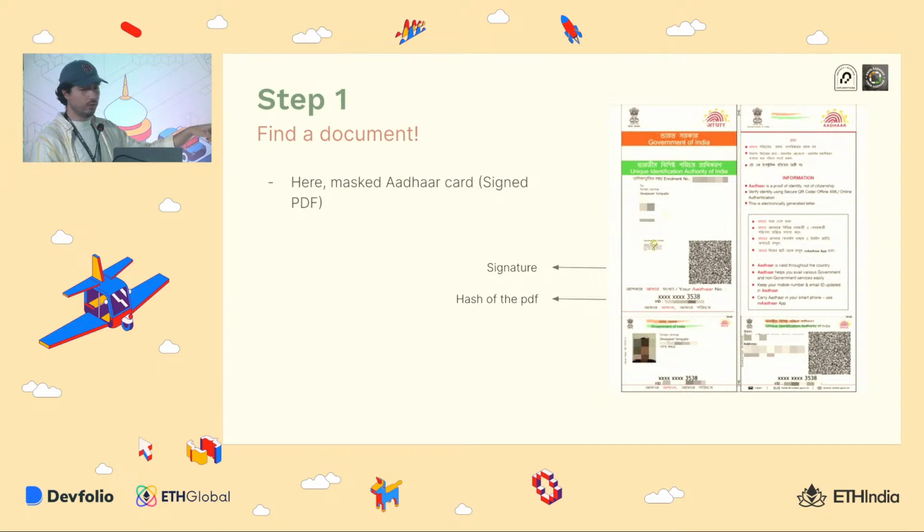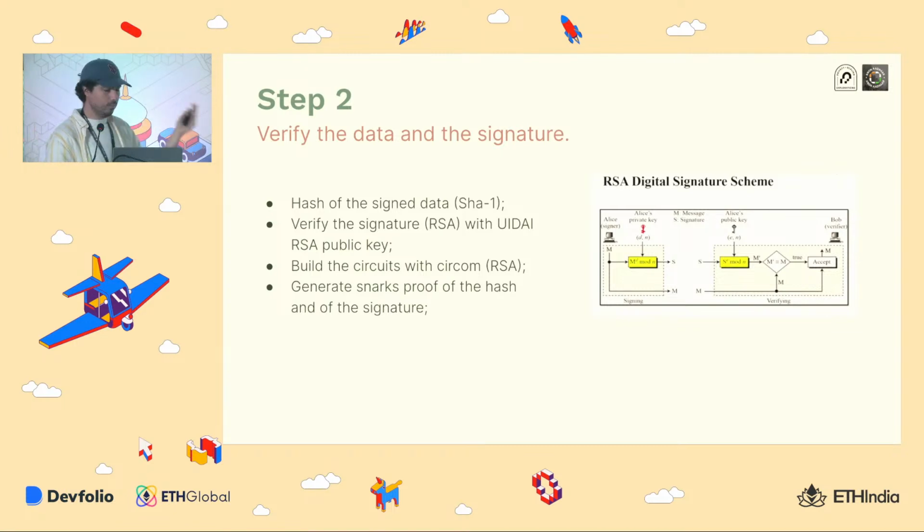How does it work? We are relying on the e-Aadhaar. It also works on the masked e-Aadhaar. In this PDF, you have a signature, and you also have the hash of the PDF. We are just querying these two pieces of information.